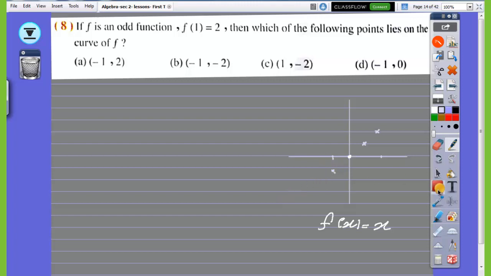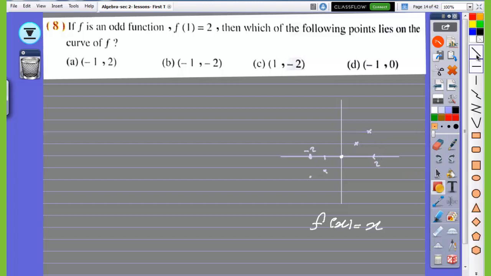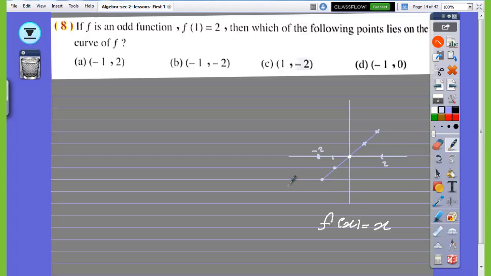When you draw this curve or this straight line in this interval from negative 2 to 2, what do we get? We get this line segment. We draw it in an interval here. Okay, this is an odd function.